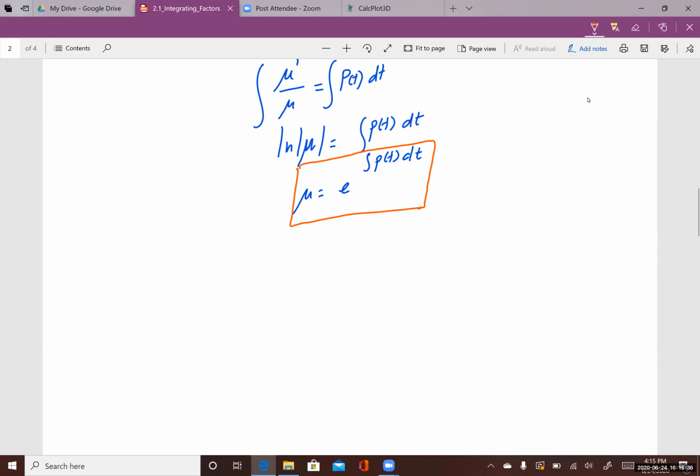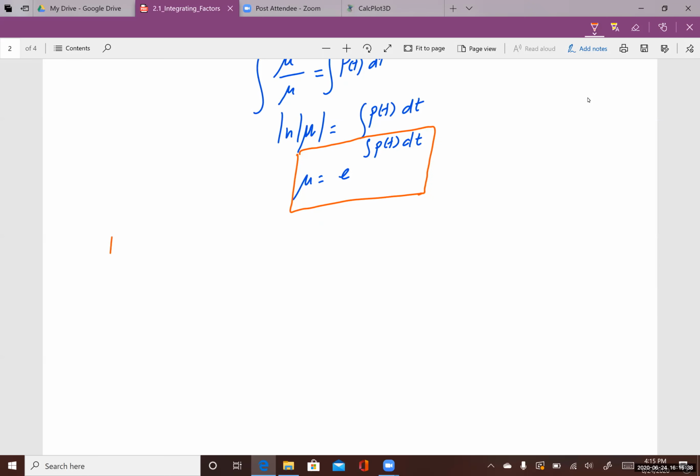So I found mu, then I go back to the original equation, y prime plus p of t times y equals q. Then I multiply mu to both sides, and I know what mu is: I can find mu by taking e to the integral of p of t dt.